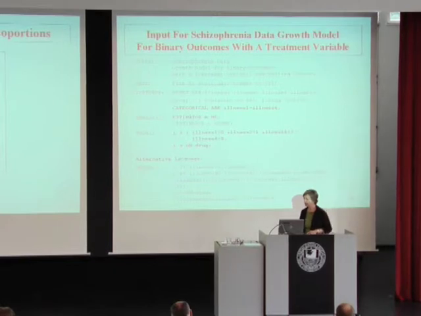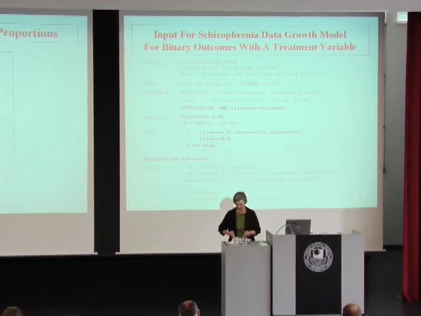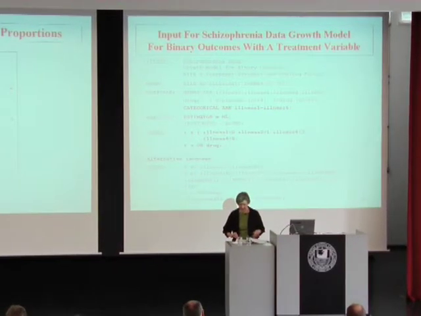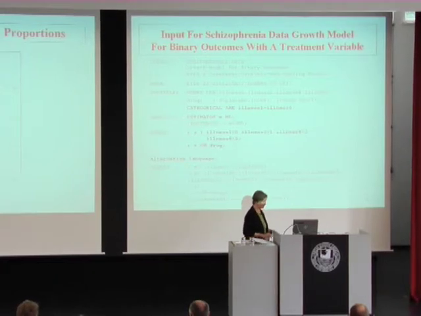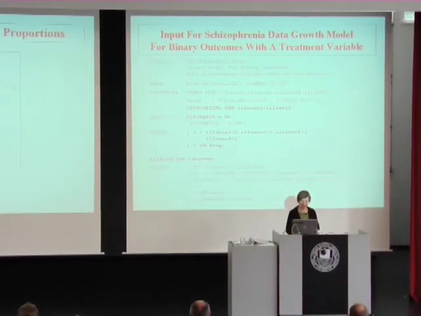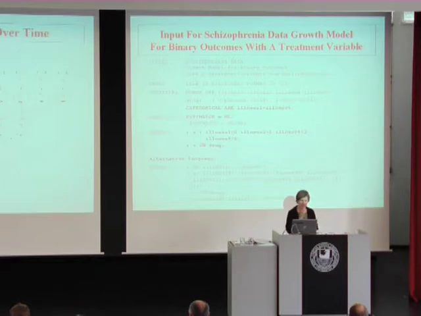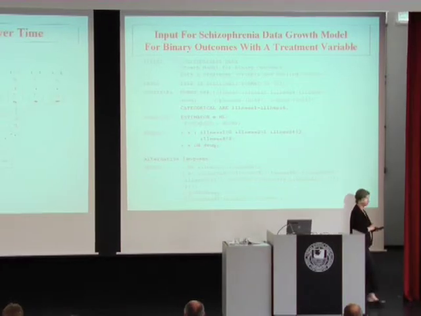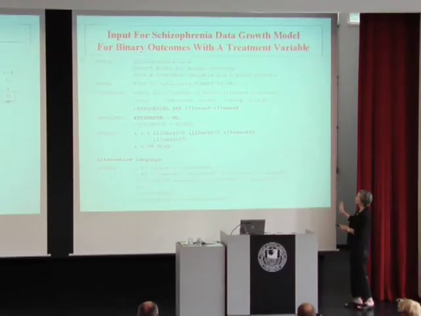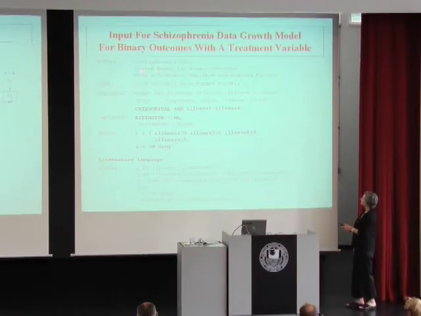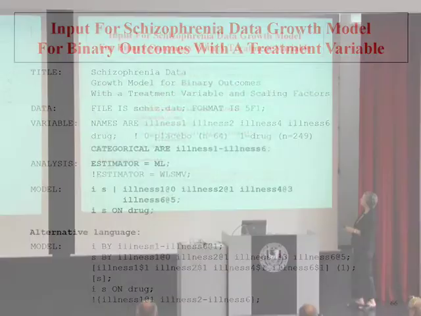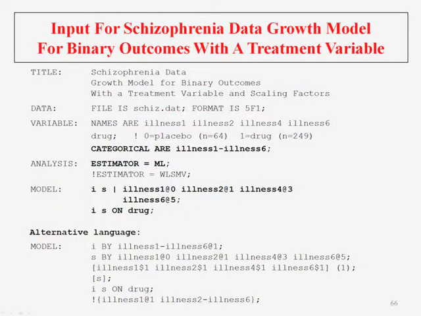Now, I think I want to go back to the slide Bengt had, slide 57, so you can see the relationship between the Mplus language and also the input. So on the right screen, we see the usual input things, categorical R, so we're specifying that the severity is a categorical variable.